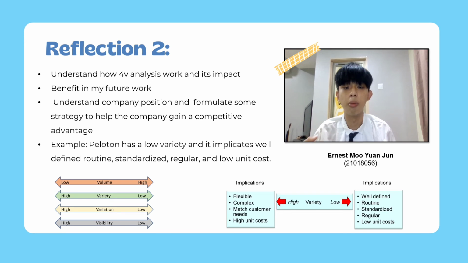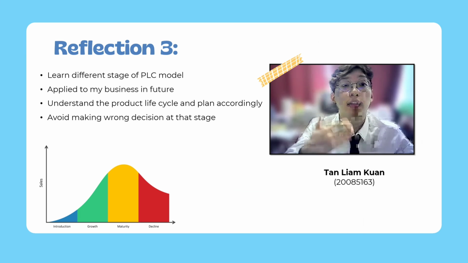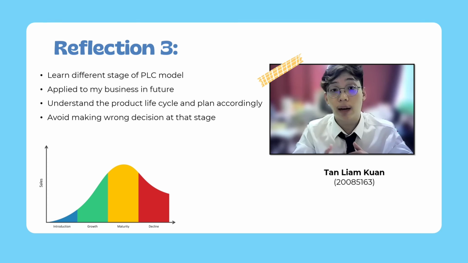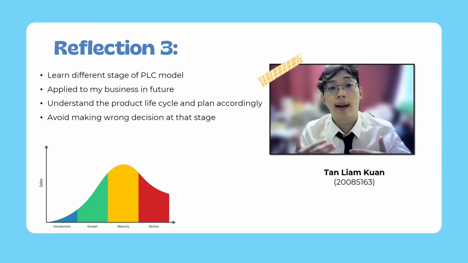After the lecturer's explanation about product lifecycle, I clearly learned different stage of product lifecycle model. I believe that the knowledge I've learned in operation management, especially product lifecycle, can be applied to my business in the future.